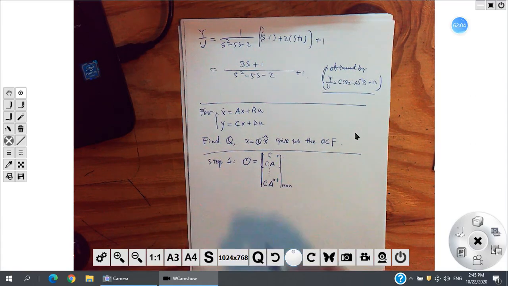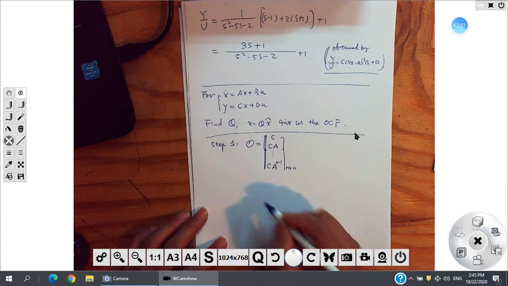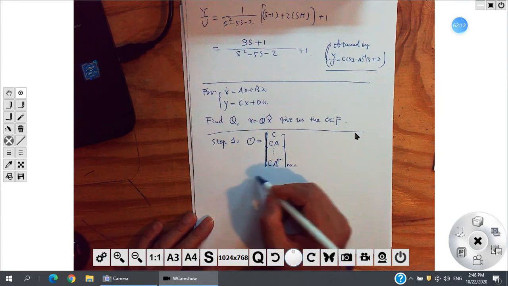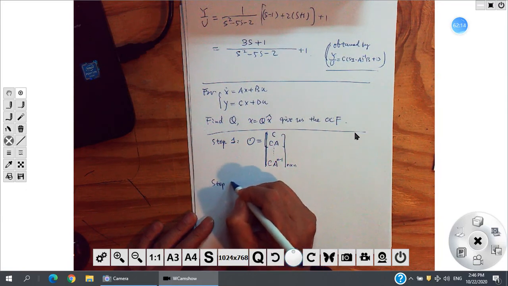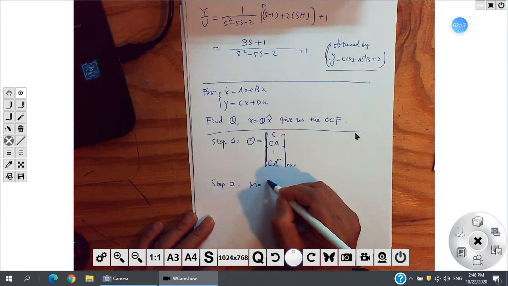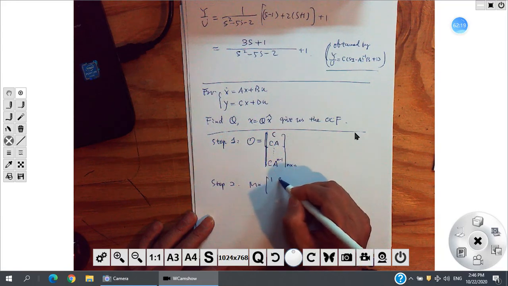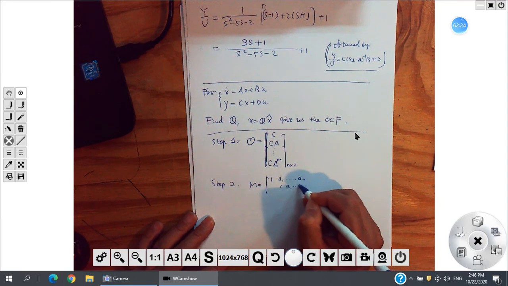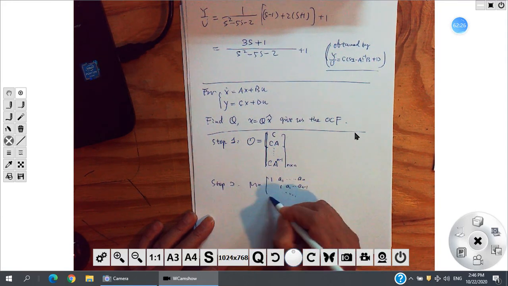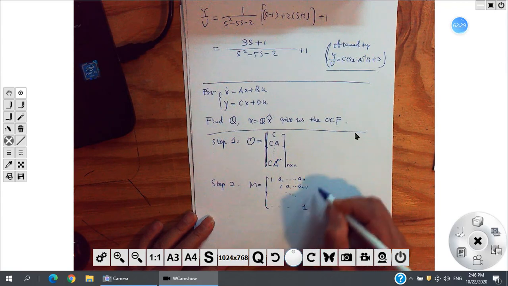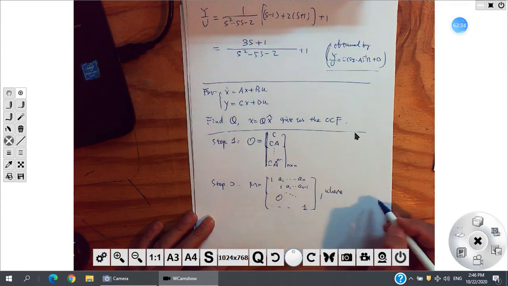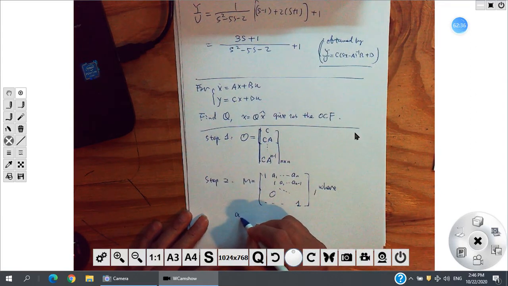So let O equal to these. And M is the same M. It will be 1, a1 until an, and 1, a1 until a(n-1), and here will be 1. This is 0. Where are these a_i coming from?